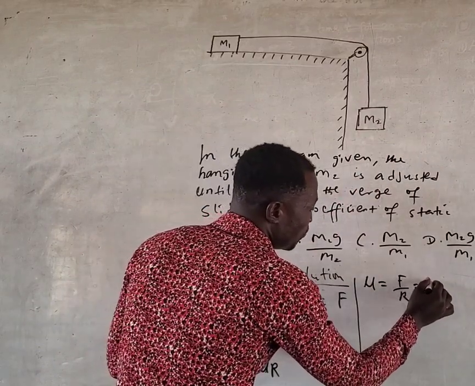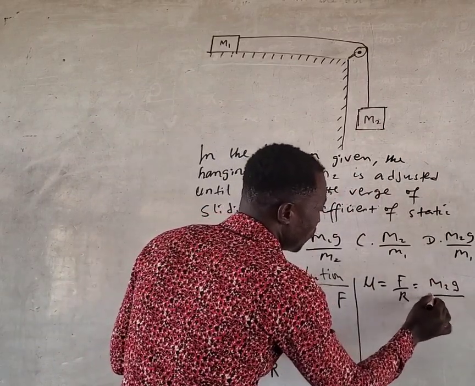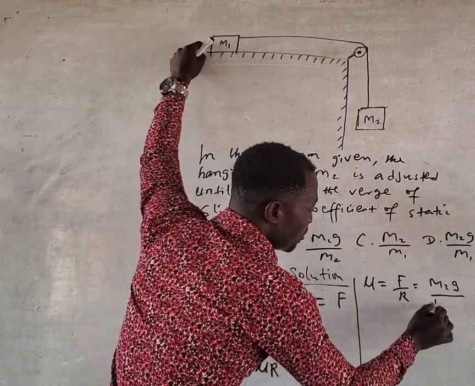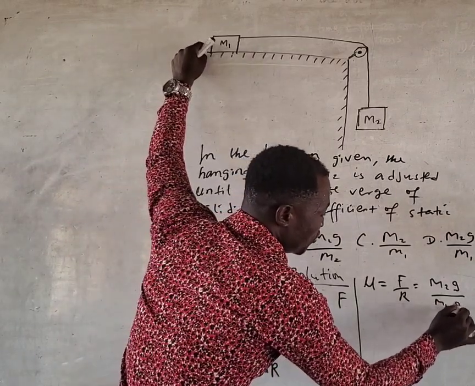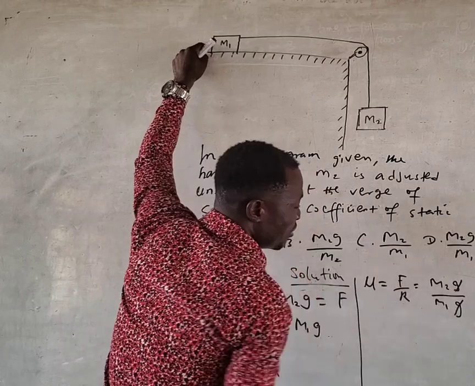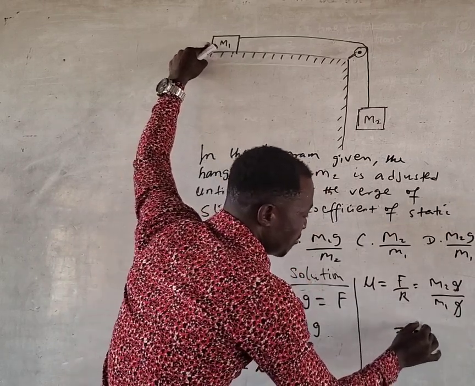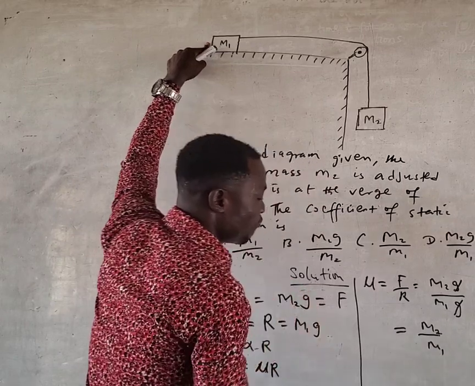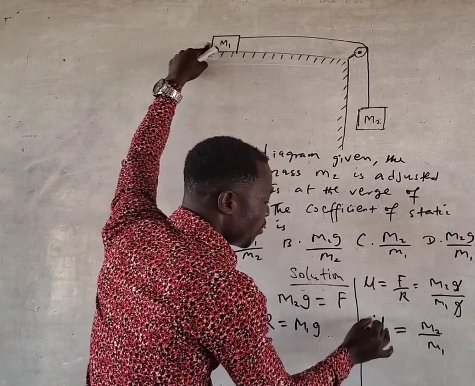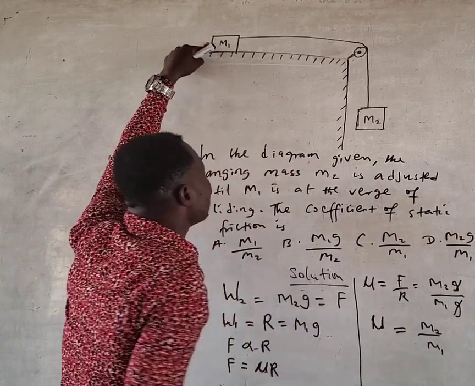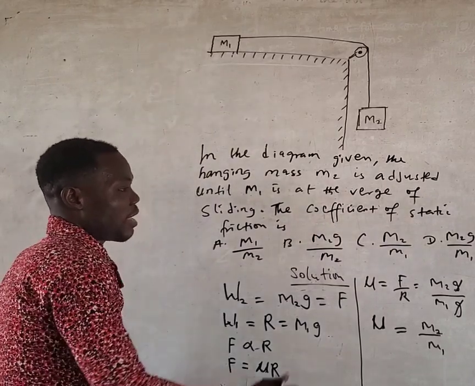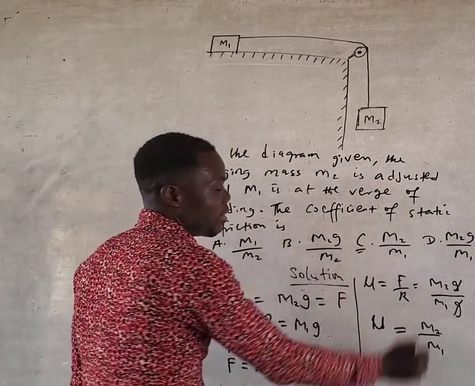So this is going to be M2G, while the reaction is the weight of M1, which is M1G. Here G takes care of G, and our final answer becomes M2 over M1. So the coefficient of friction on this system is M2 over M1.